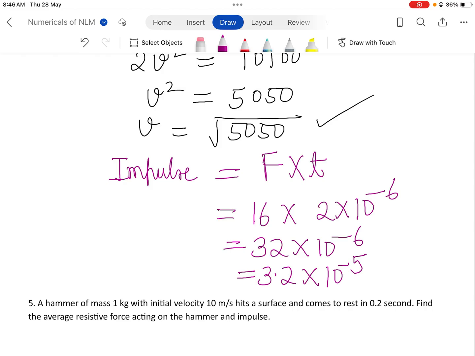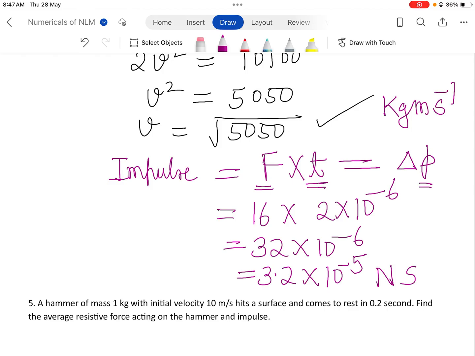In the previous lecture I have not told about the unit of impulse. So one unit is unit of force multiplied by unit of time, that is Newton second. There is another unit, as we know that F into T is what? Delta P. And what is the unit of P? Kilogram meter per second. P equals to m into V, therefore kilogram meter per second.